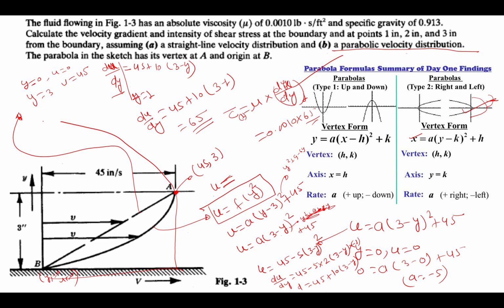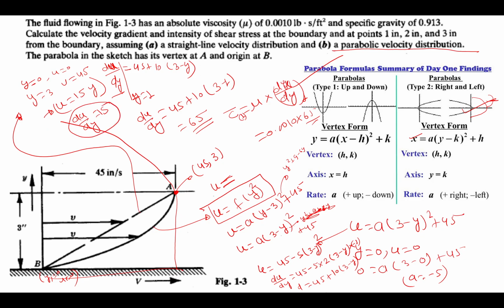So if you write velocity is equal to 15y, this will hold very well. Now you can calculate du by dy is equal to 15.